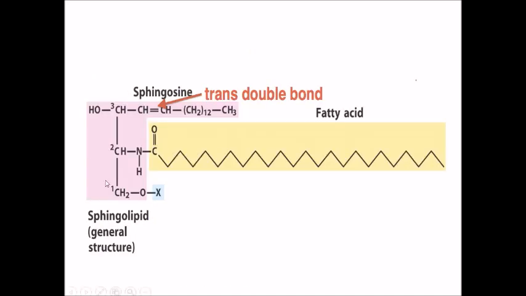So as you can see over here, the head of the sphingolipid is made up of sphingosine, different from the phospholipid where the head is a phosphocholine head. Meanwhile, for sphingolipid, the head is the sphingosine head.